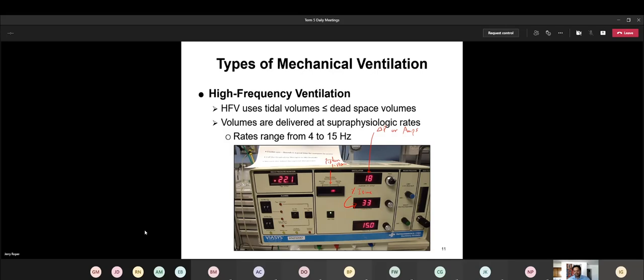If you don't remember how to calculate percent I time, the shortcut for determining ID ratio is to take this number. This is 33% I time. How many times will that go into 100? Approximately 3 times.